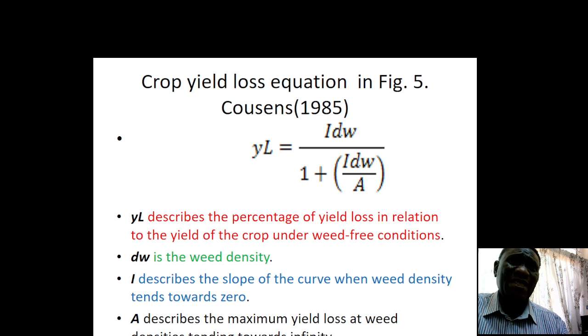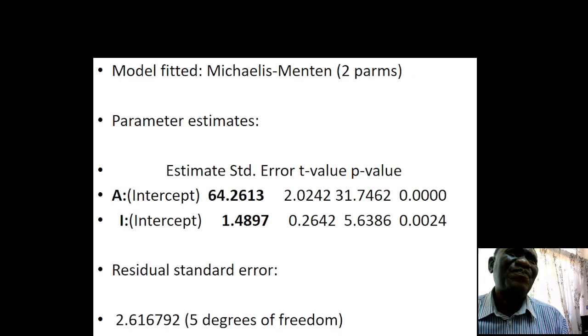But if the weeds germinate ahead of the crop, then that equation may become problematic. So Cousins had to look into that, to take care of weeds which germinate earlier than the crop, by modifying this equation to this.